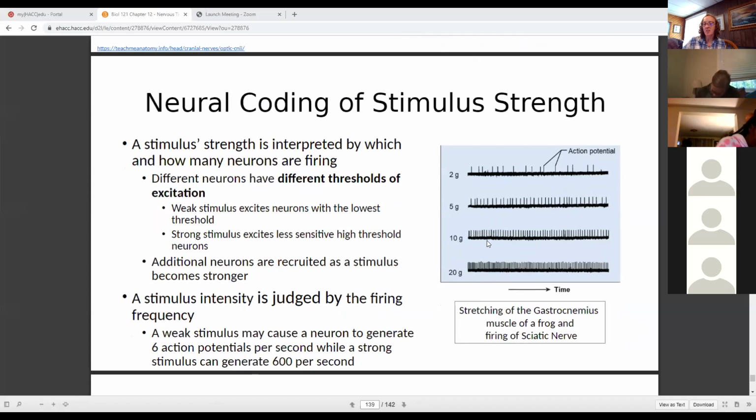Some are excited at a stronger, higher threshold. Additional neurons can be recruited if the stimulus continues to get stronger. So this is which neurons are firing. Certain ones are going to fire at lower levels of stimulus. Others require a higher level of stimulus to fire. How many are firing? That's how the stimulus strength is recognized.